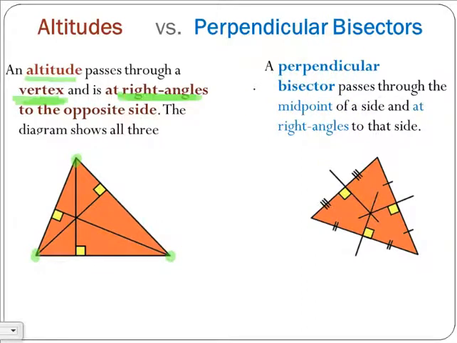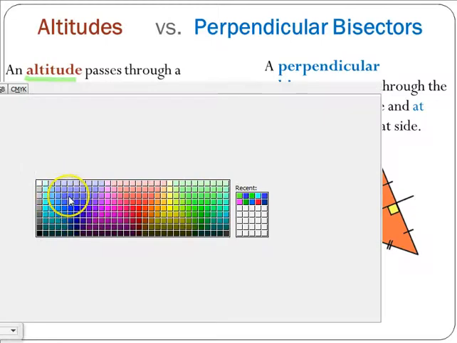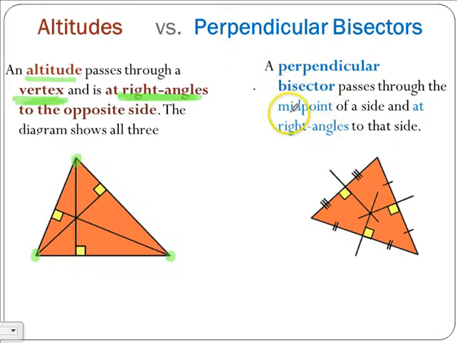A perpendicular bisector is a little bit different in that it has to go through a midpoint, and it also intersects at a right angle. So both of these have right angles, it's just different in that one is going to be a bisector, the perpendicular bisector, and the altitude just has to go through a vertex.